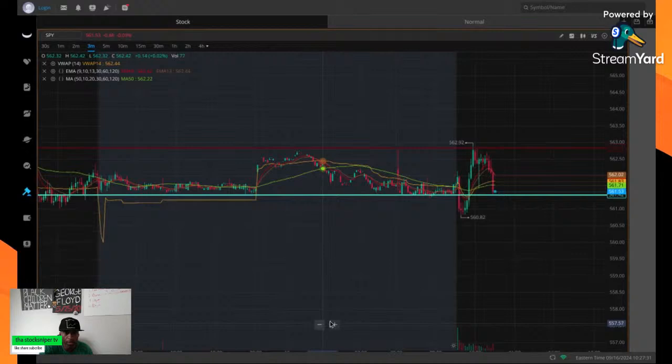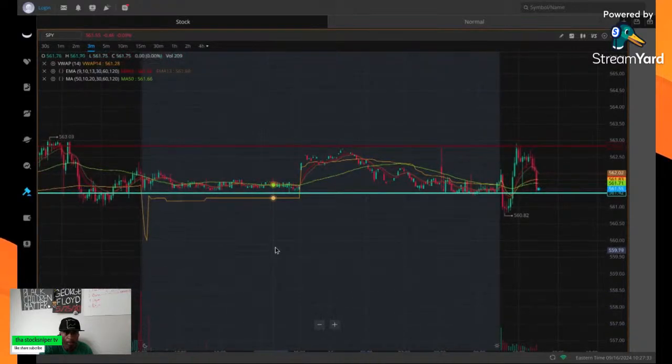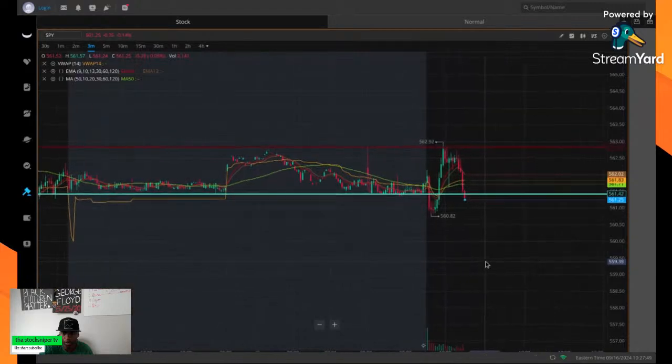So you can see we got resistance. When it hit that ceiling, it goes down. This is resistance. It goes up, down. Oh, it broke support. So for the first time it has broke support.